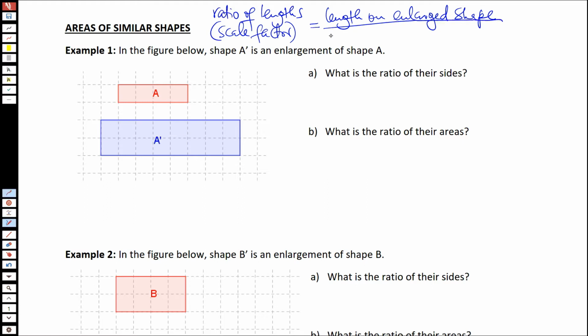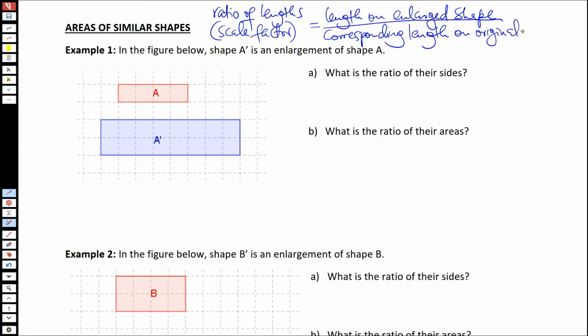In fact, it has to be a corresponding length on the original shape.